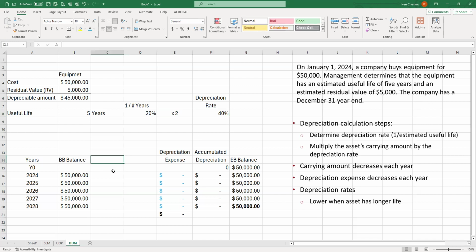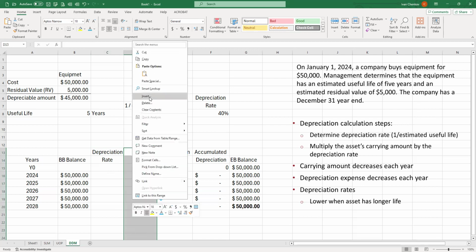With the depreciation rate, that will be the one that we're going to apply to our balance. And once we apply that rate to the balance, we're going to get our depreciation expense.